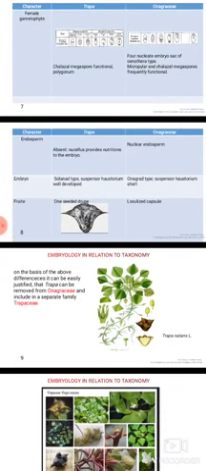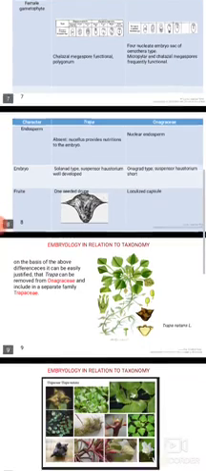The fruit in case of Trapa is a one-seeded drupe, whereas in case of Onagraceae, it is a loculicidal capsule. On the basis of the above differences, it can be easily justified that Trapa can be removed from Onagraceae and included in a separate family, Trapaceae.